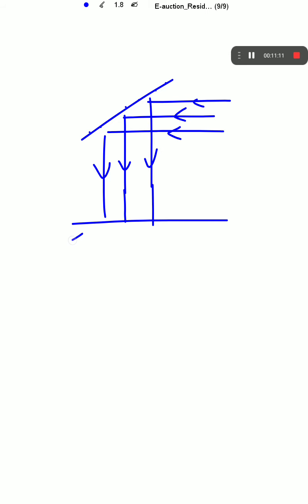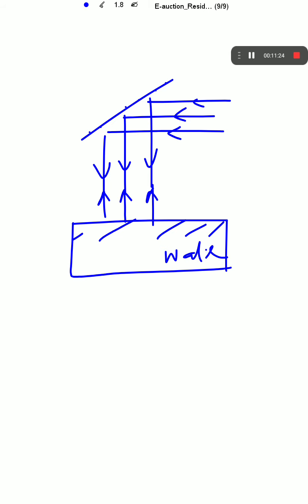And if we have another surface, let us say some medium or some mirror, that will again reflect. This is water, let us say. So the first surface will be reflecting and transmission will be there. The second surface will further be reflecting.